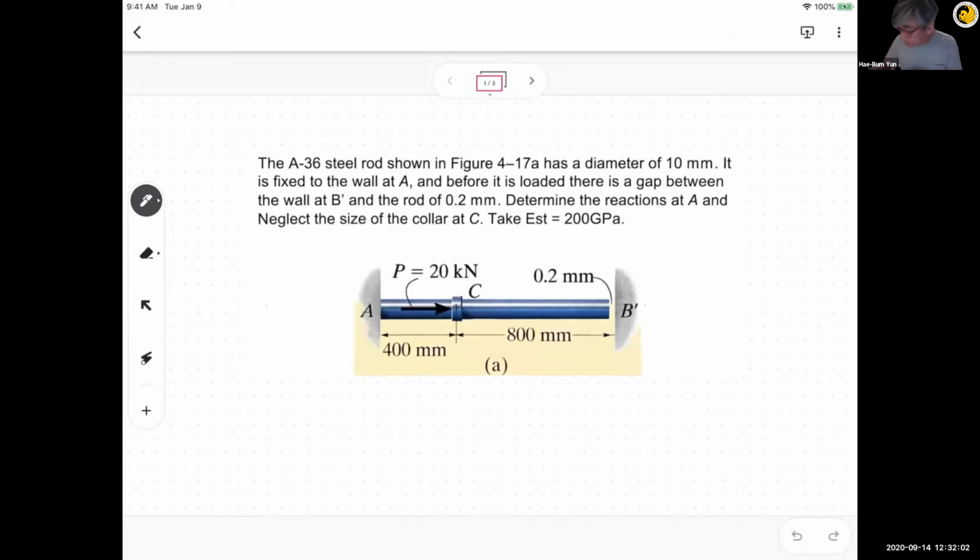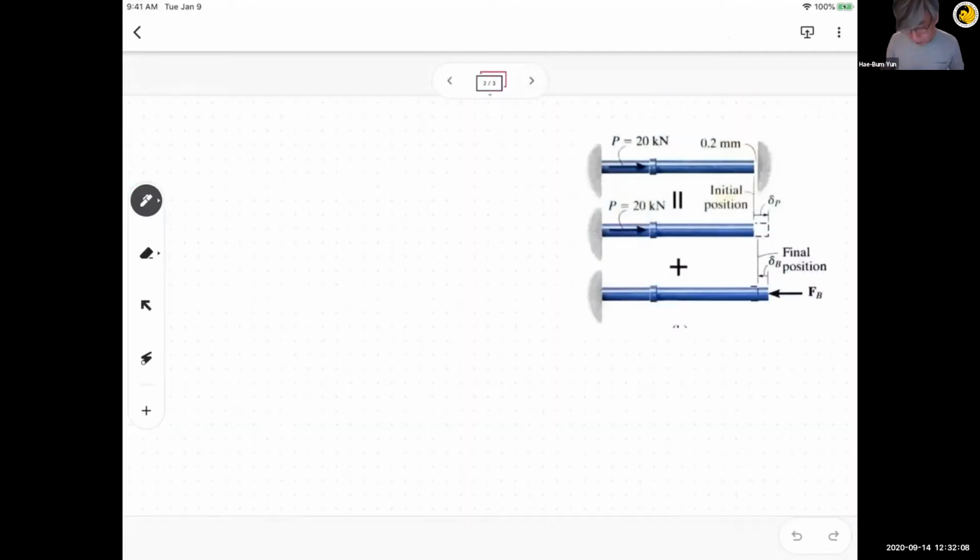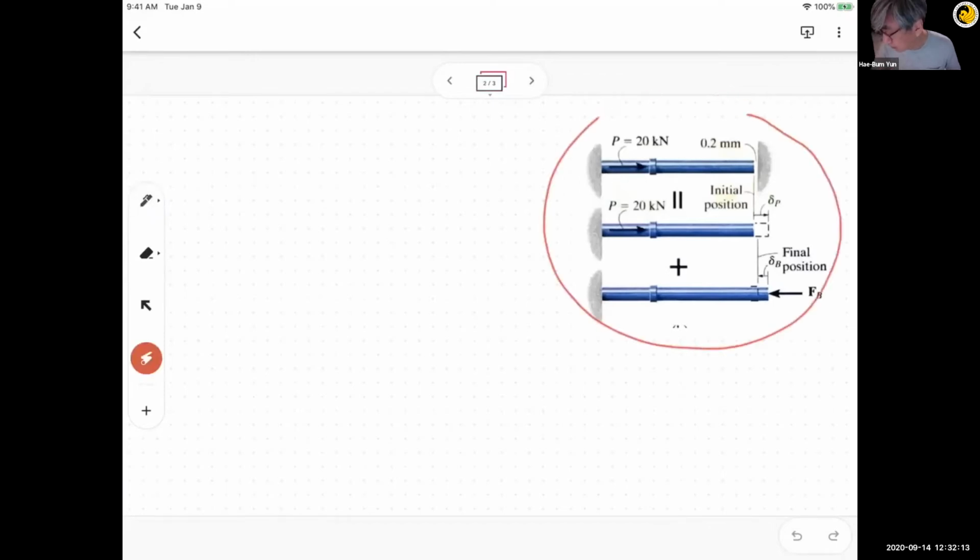So the first step is to draw the free body diagram, and I actually have a free body diagram here.